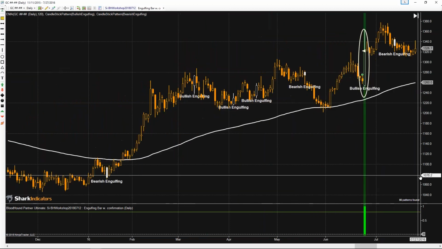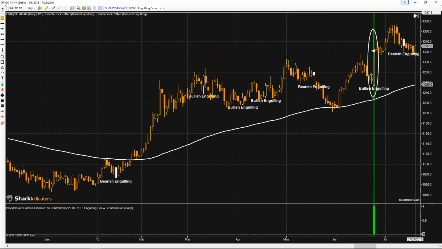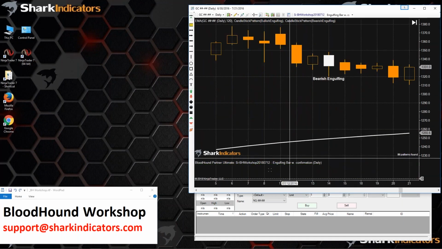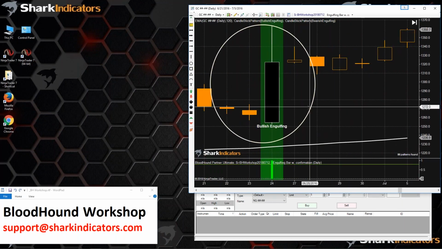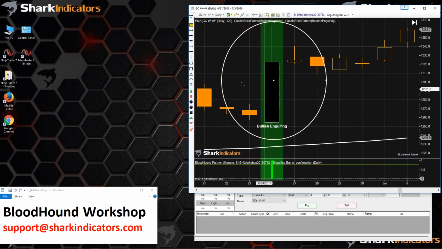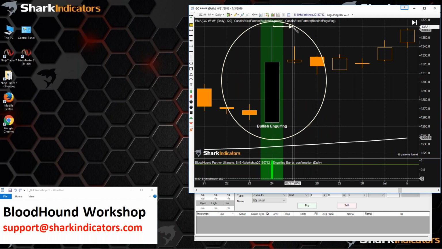Yeah, so let me get my chart set back up. And actually this one had no confirmation bar. So if you remember, the confirmation required a break of either the high or low, depending if it was a bullish or bearish engulfing.